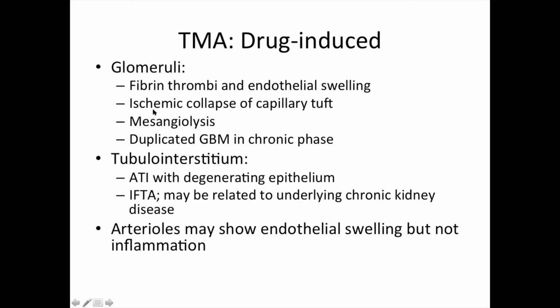Because of the ischemia, the tubulointerstitial compartment has ATI with degenerating epithelium. We can have interstitial fibrosis and tubular atrophy if there is underlying chronic kidney disease, or this is kind of a chronic phase.